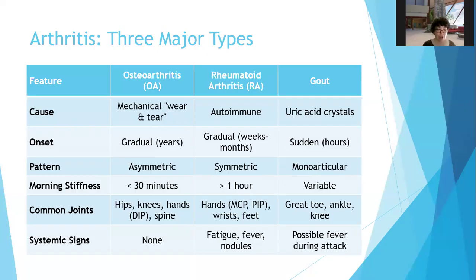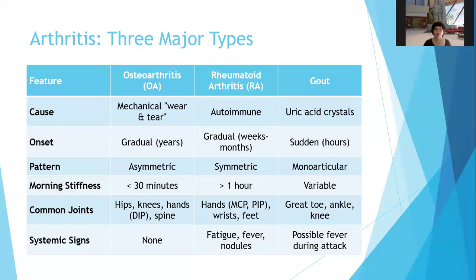If you have posture deviations that can cause wear and tear over years. The pattern of onset for osteoarthritis is generally asymmetrical because you're only wearing out certain parts. You're not wearing out everything. A lot of times people with osteoarthritis have stiffness in the morning for about 30 minutes until they start to get moving. Common joints, hips and knees.